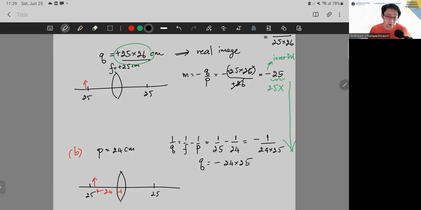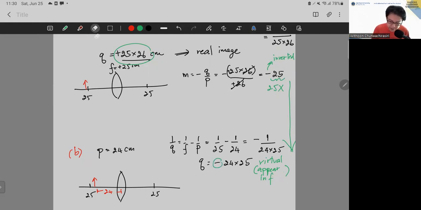See? So what does it mean? It means now the image is virtual and it appears in front. The reason it appears in front is that negative sign right there.